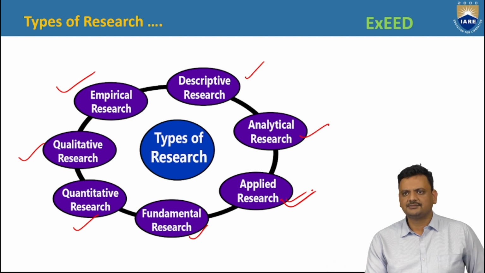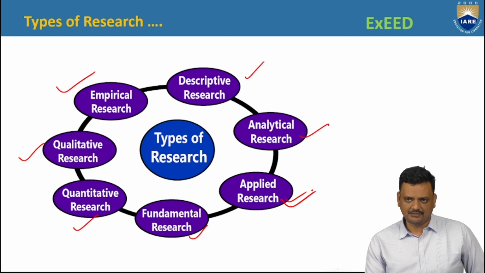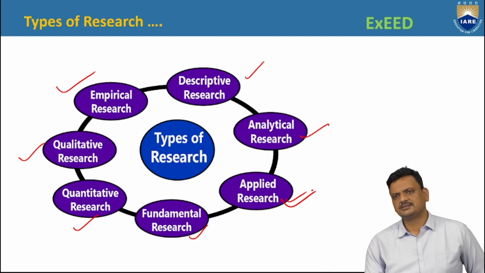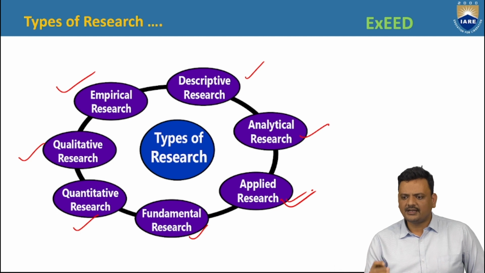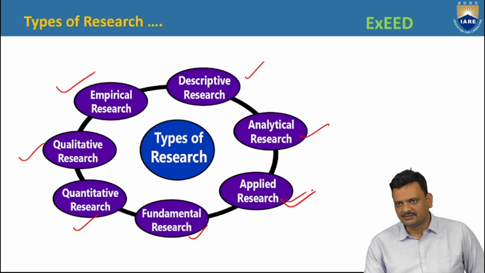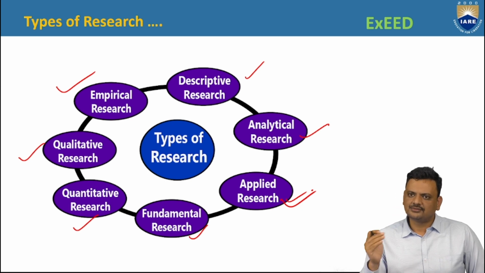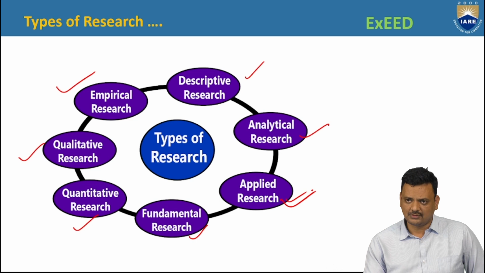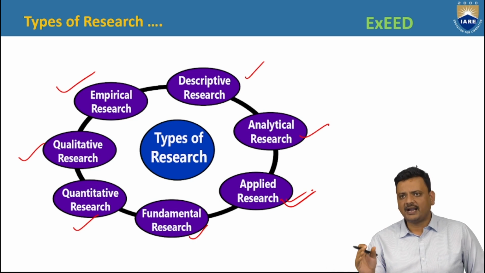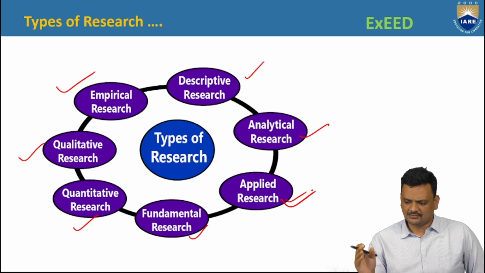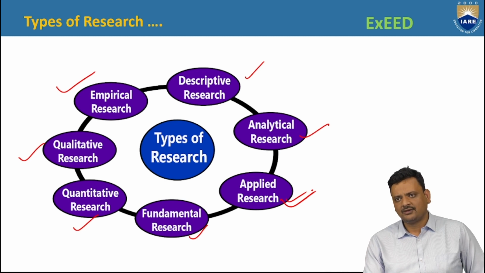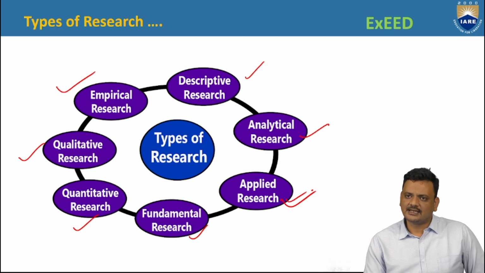In applied research, if any research study has been performed, then within a very short period of time, that research should be implemented. Meaning, if I search for any new photovoltaic material or energy material, and on the basis of that material, some battery or power cell or photovoltaic cell is created, then that type of research is known as applied research.